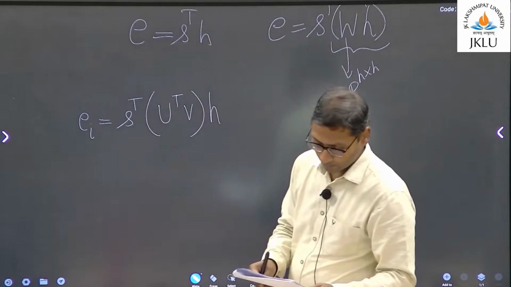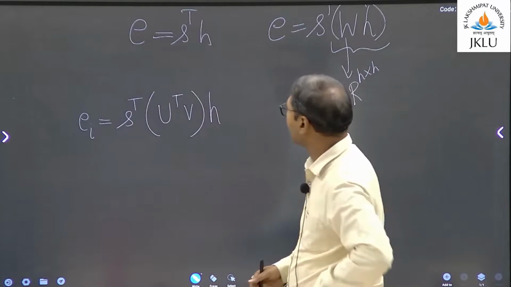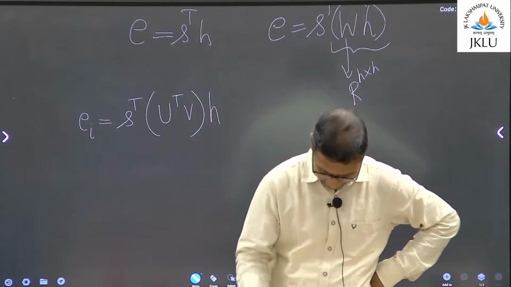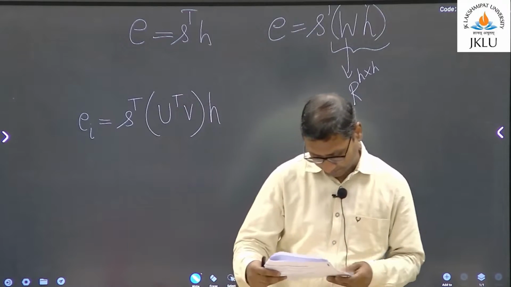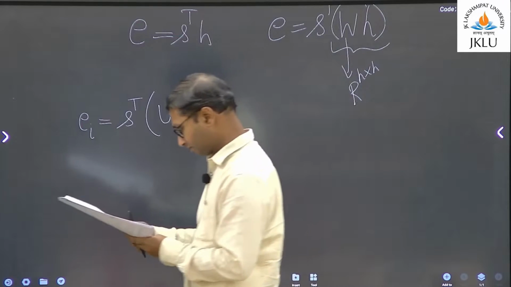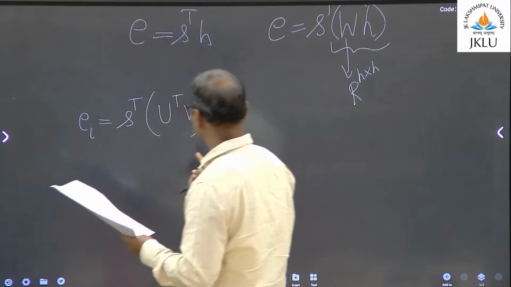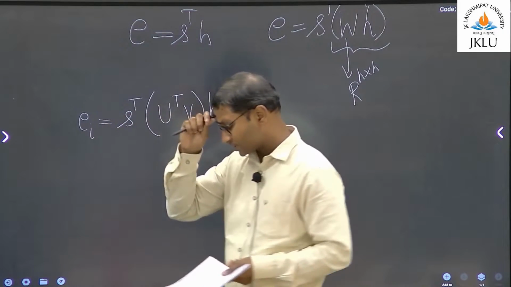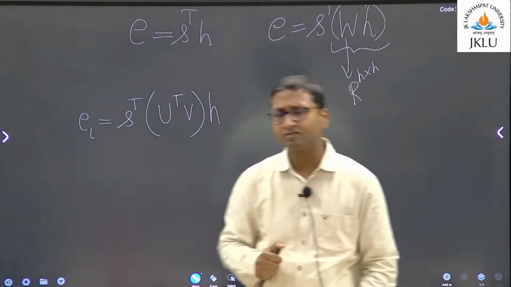Now this is the problem with my notations, because they don't match with any other notation. So for us, what will this be? What was e_i, guys? What was i?